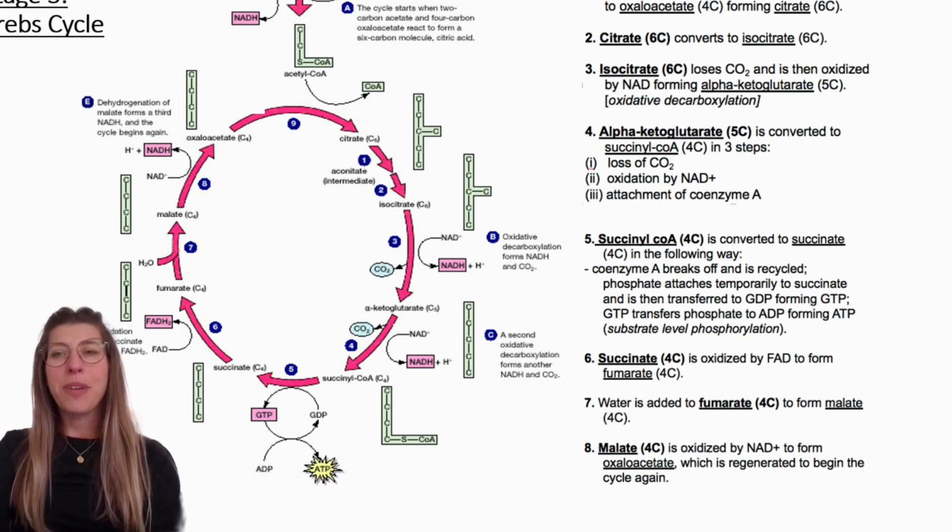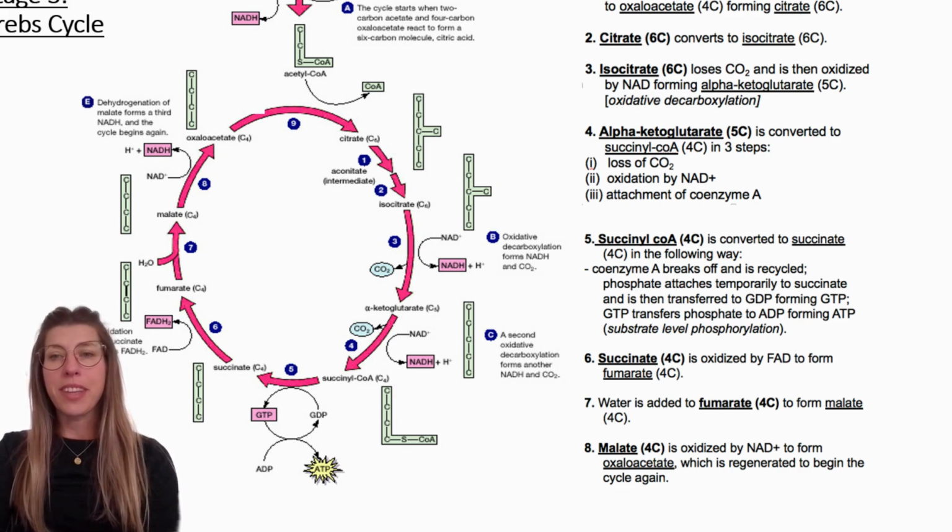Step 5. So we have the succinyl-CoA, which is the product of step 4, and it's converted to succinate. And this happens in the following way. So coenzyme A that had just joined is going to break off, and again, it's going to be recycled. A phosphate attaches temporarily to succinate and is then transferred to GDP, forming GTP, right?